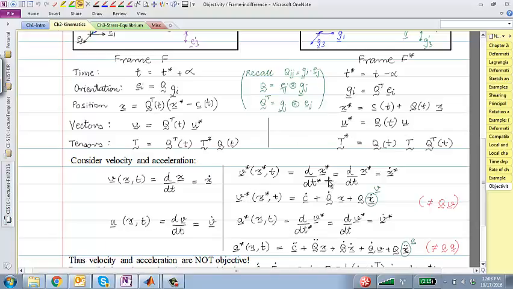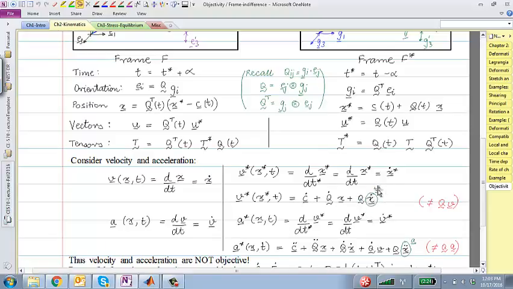You can show that if I just take x star equals c plus Q times x, and take the time derivative of all of that, applying the product rule, we get c dot plus Q dot times x plus Q acting on v.